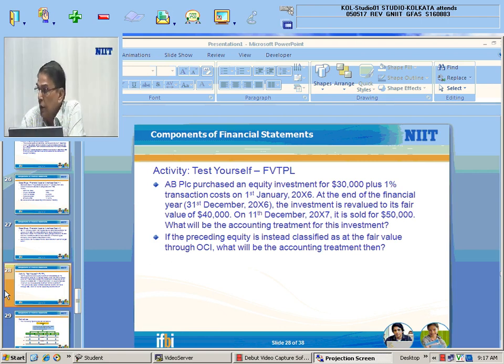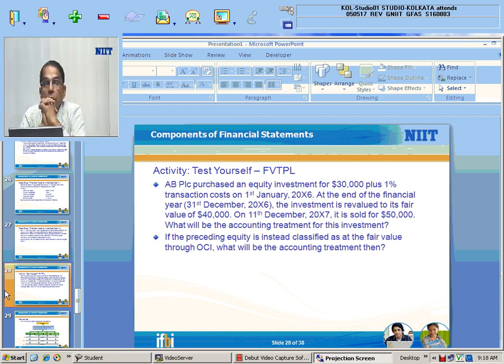So 30,000 is the fair value paid for the investment, plus 1% transaction cost. For financial assets measured at fair value through profit and loss, does the transaction cost get added, capitalized, or not? Is it expensed to the profit and loss account, or is it added to the initial measurement of the fair value?